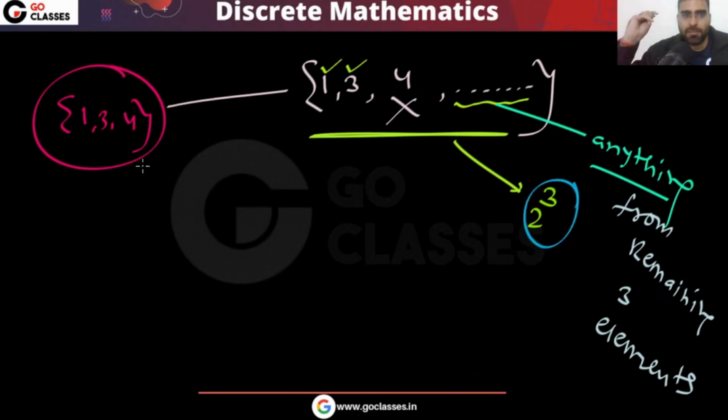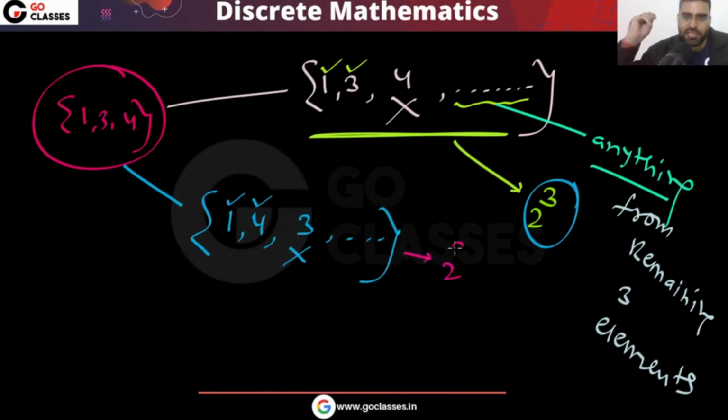Yes or no? But we can also do this. We can take 1 comma 4: we take 1, we take 4, and we don't take 3. This is also possible, so this type has 2 power 3 possibilities. We can also take 3 and 4 and not take 1.